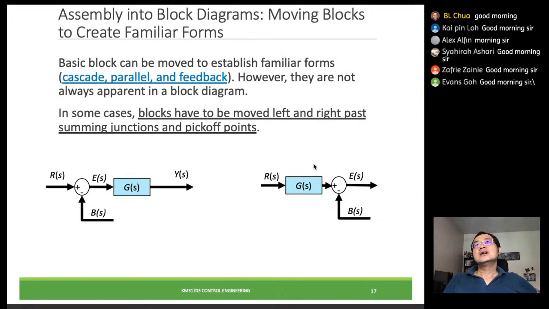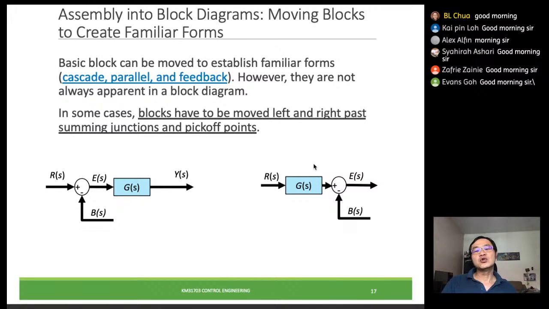Next, as we have seen previously, sometimes there are blocks located before a summing point or a break off point and so on. So how can we deal with them?